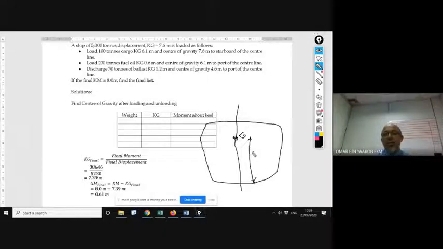So this is 7.6, the original KG. Now you load this one. The height is only 6.1 KG. The point to the starboard is also 7.6 meter. So you load somewhere here. Okay, the location is this one. So this is the 100 ton here.